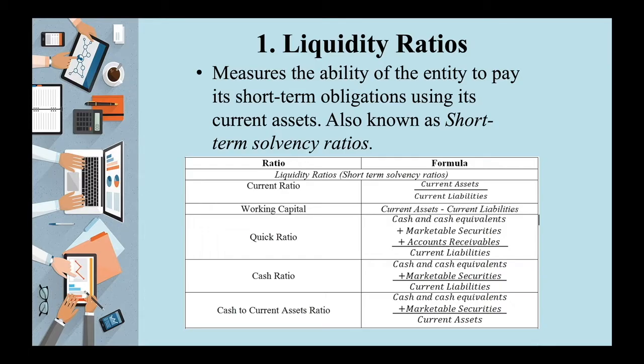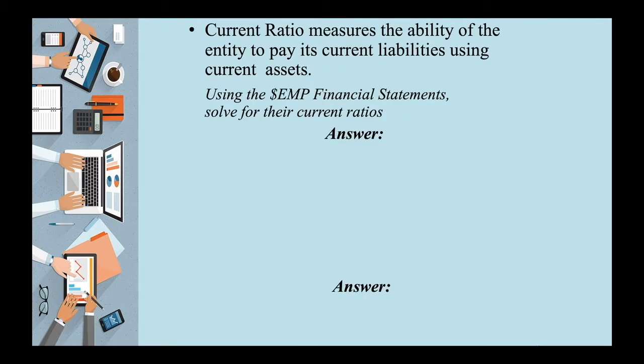No, less than 1 year. Ayun po siya. Kaya siya short-term. Now, under liquidity ratios, we have current ratio, working capital, quick ratio, cash ratio, and cash to current assets ratio. These are the formulas ng mga ratio na yan. So, let's try to talk about this. Isa-isahin natin. First is the current ratio.